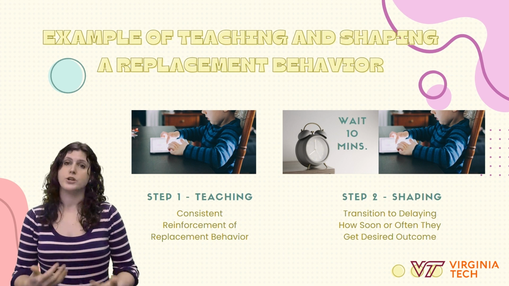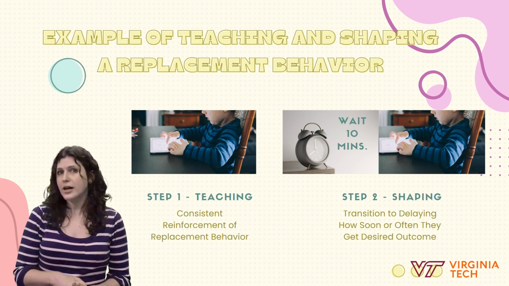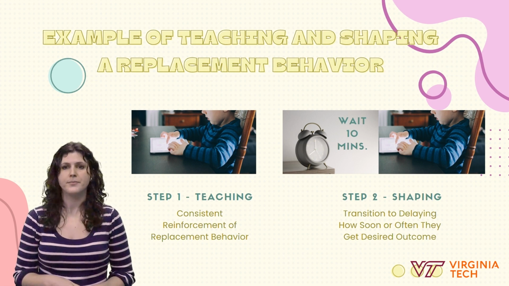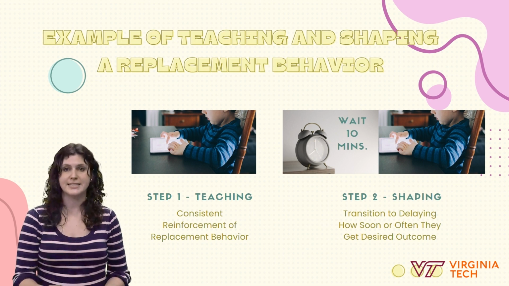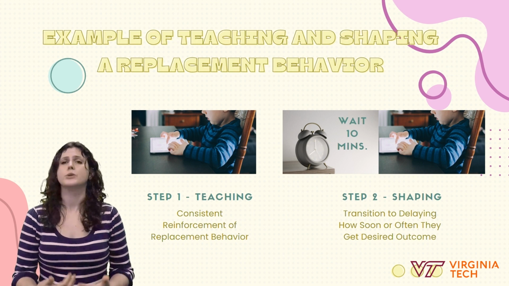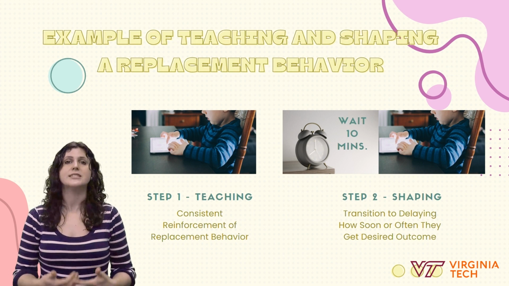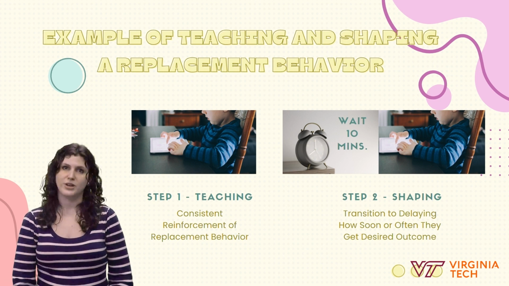"I know you want to use the iPad right now, but you just had a 5-minute break, so I'll come get you in 10 minutes and then you can have another iPad break." As they are using the replacement behavior more consistently, you can use the same approach, but eventually fully deny access to the iPad at that time, while still acknowledging and reinforcing their use of that positive communication.